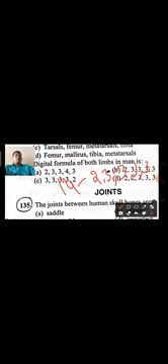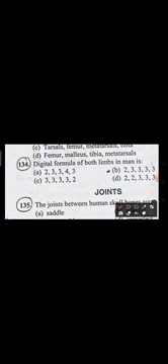So 12 plus 2 is 14. With that you can come to the answer. B is the answer. This is called the digital formula of both the limbs.